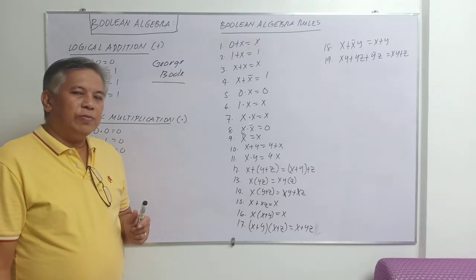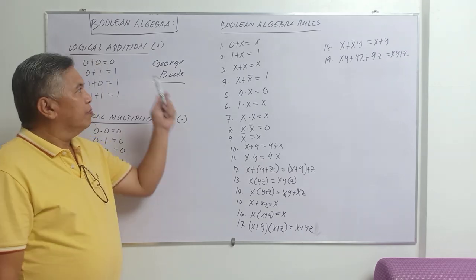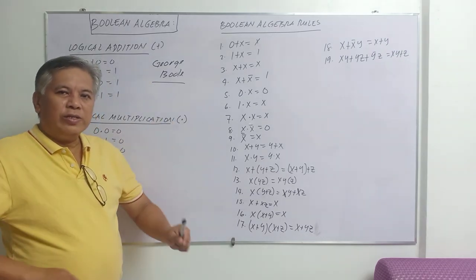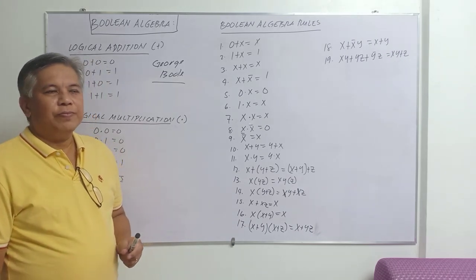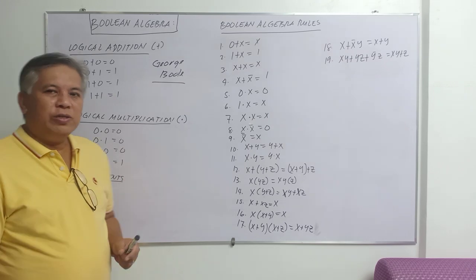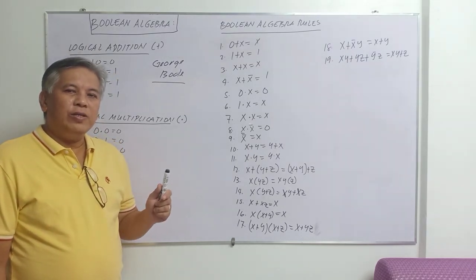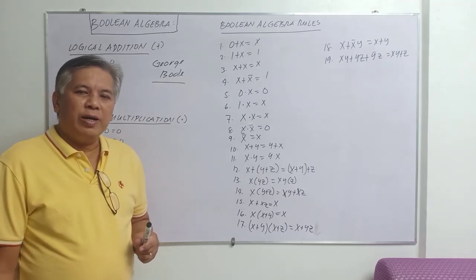So if there is modern algebra in your mathematics, there is also Boolean algebra in digital. So what's the difference between modern algebra and Boolean algebra? In modern algebra, the value of your variables from A to Z is represented by a decimal number.